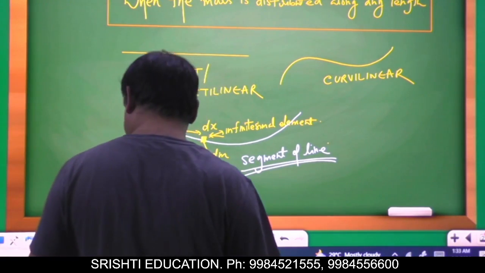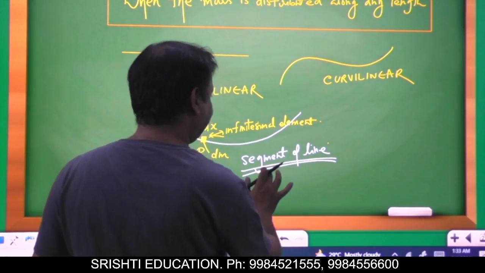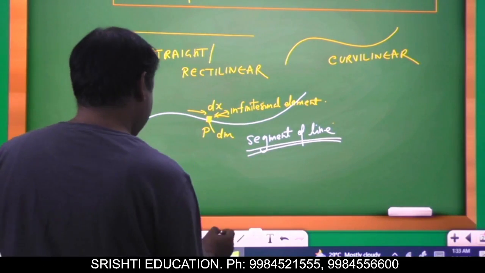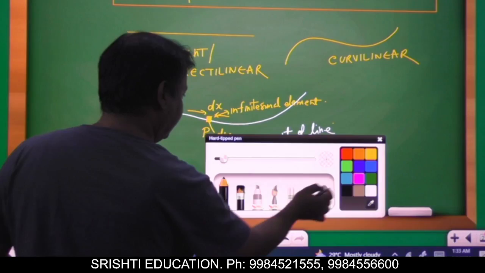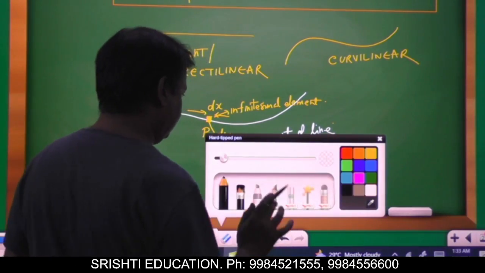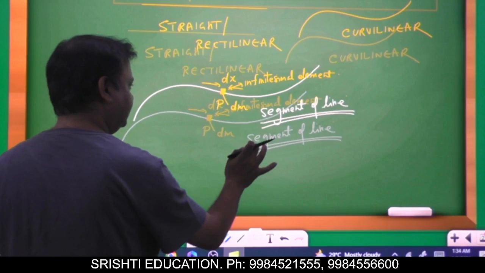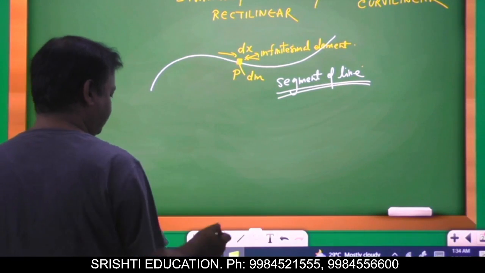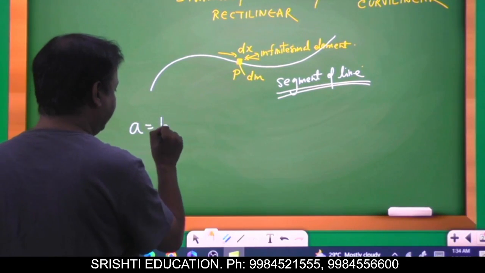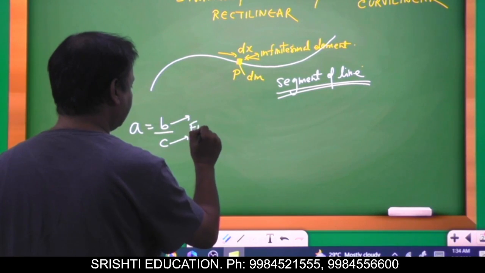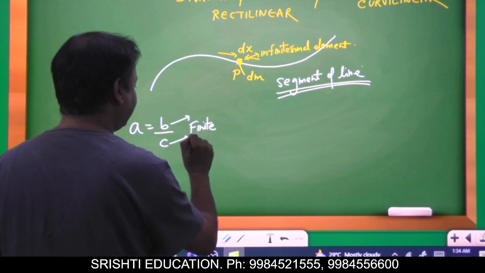Okay, now see, there is a skill of calculus when we divide two quantities, both are infinitesimal. Suppose I am writing an equation, a is equal to b divided by c. Now in this case b and c are finite quantities.